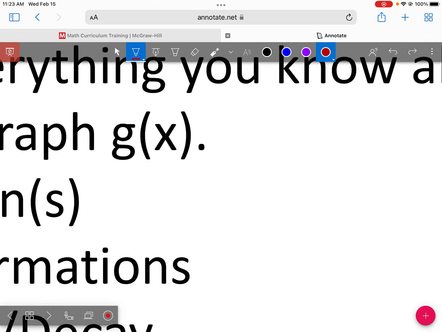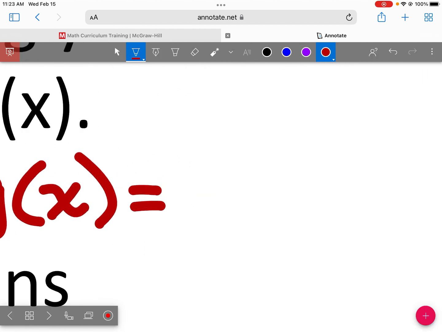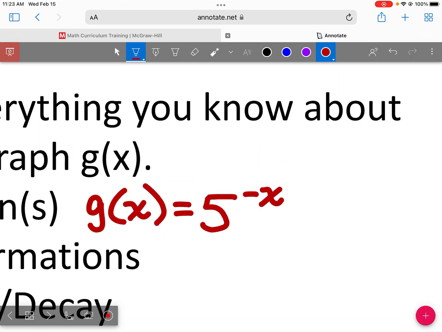So I can write g of x equals, what's the base on the blue graph on f of x? 5. So g of x equals 5. And then what would I change so that it was decay? Negative x.